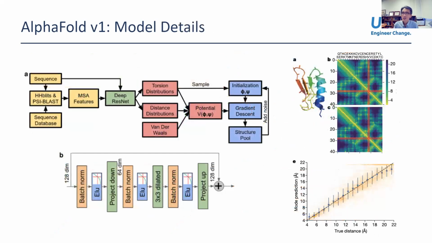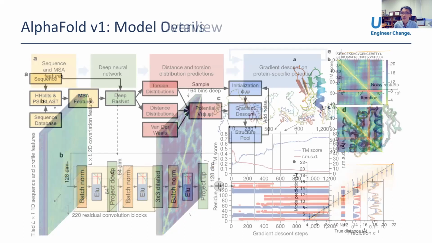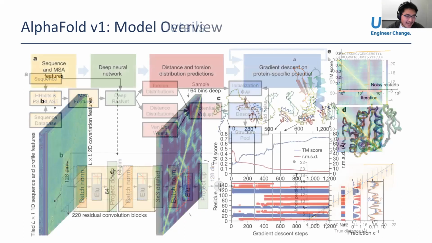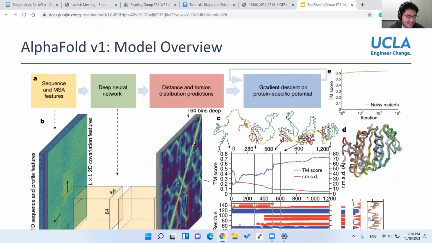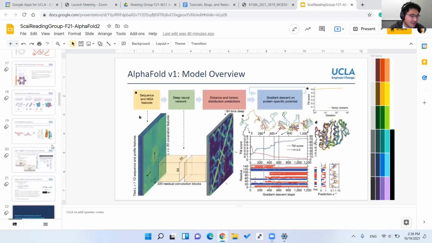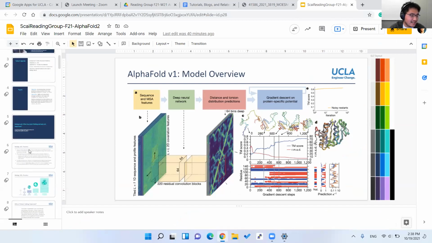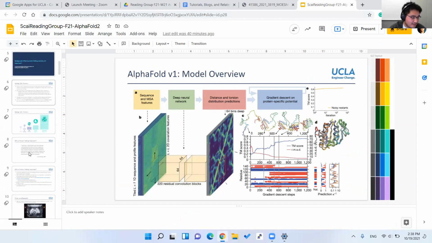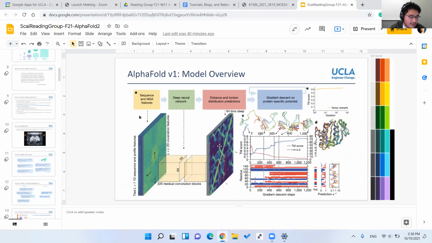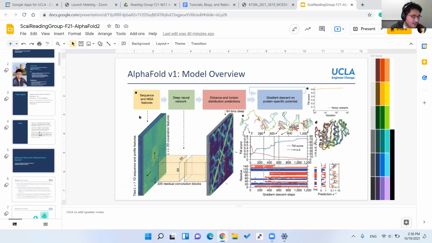What is torsion? I forgot what the definition of torsion was. My understanding of torsion is something related to the angle, but I'm not sure about their implementation. I think the figure shows the distance distribution, but I'm not sure how it could be different for torsion prediction.